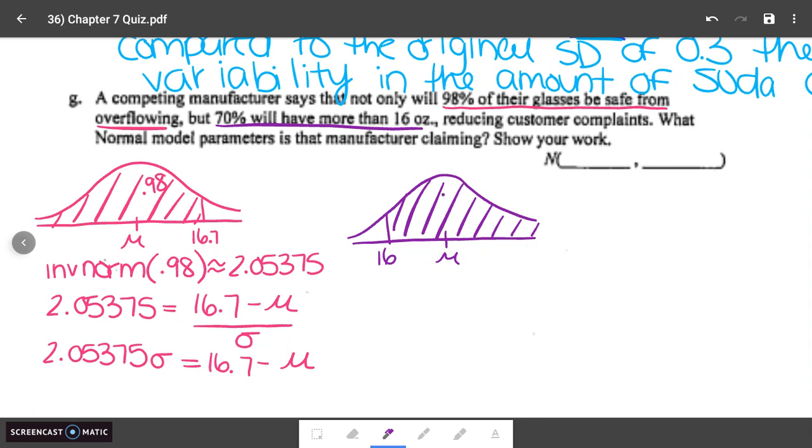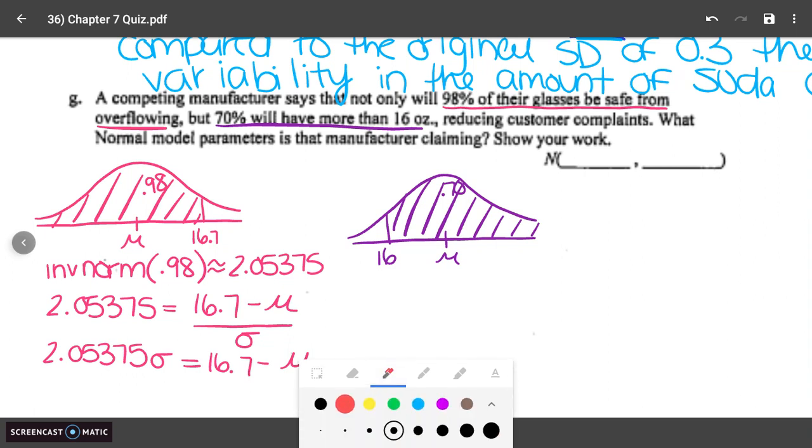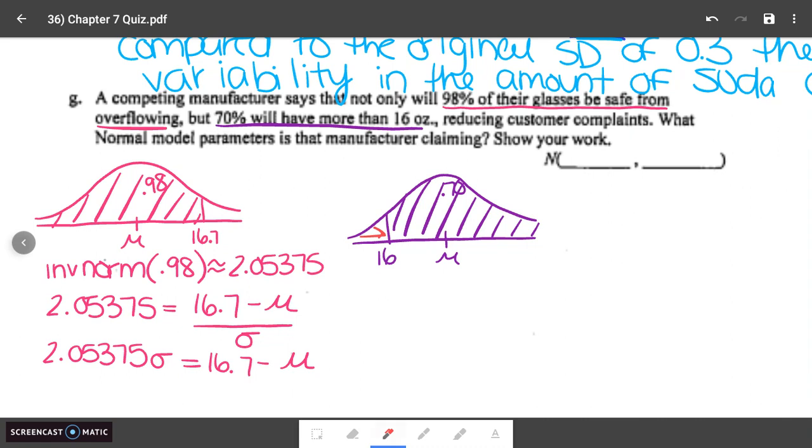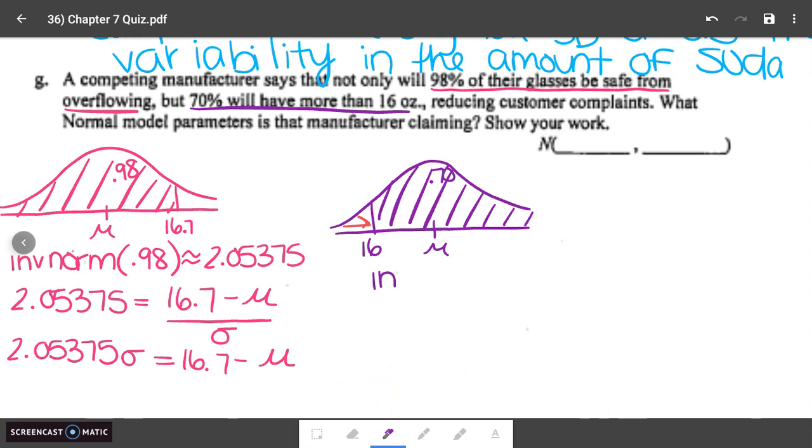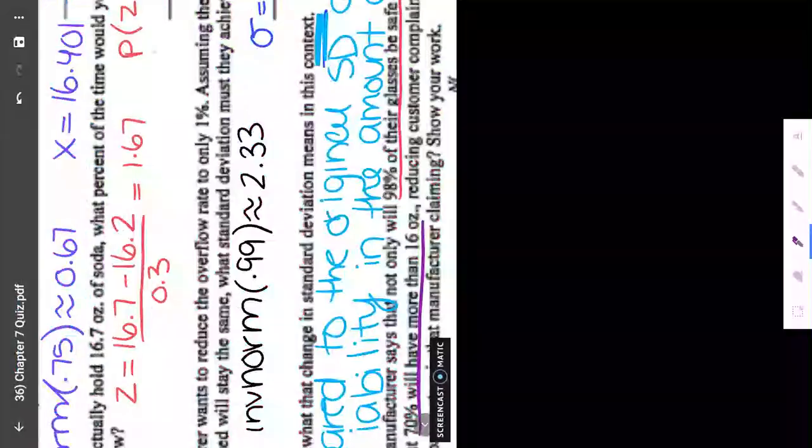And this is making up 0.7 of our data. So remember, we read it left to right, though. So this part that's not accounted for, when we do inverse norm, we're actually going to do it of 0.30, because we always read left to right. And our inverse norm is going to get us a negative 0.524401. Oops, sorry about that.